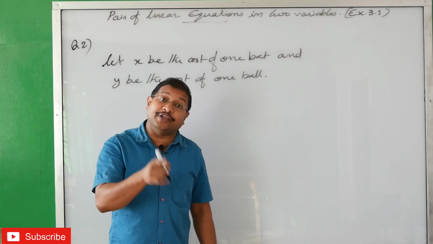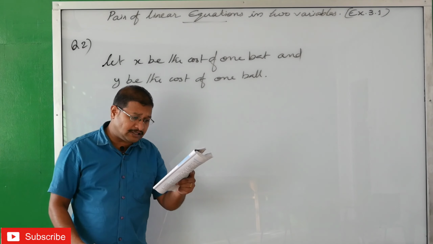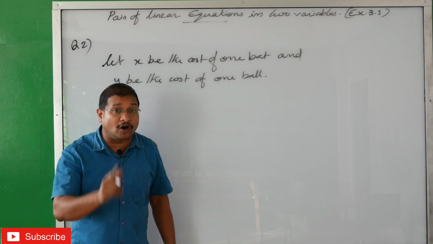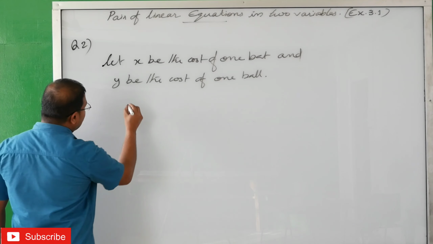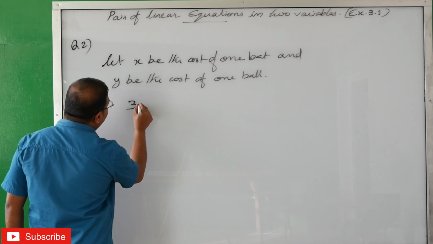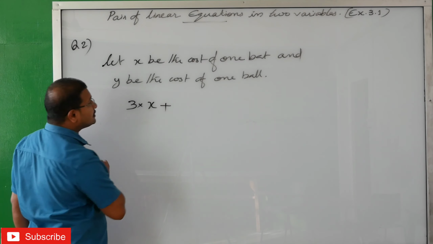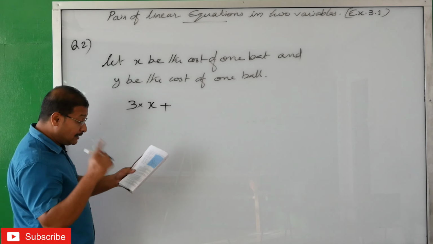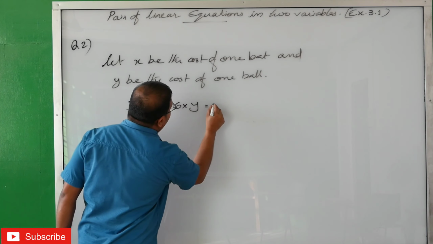The representation we are doing algebraically. So now see the question. What is the balance? 3 bats and 6 balls for rupees 3,900, isn't it? That means 3 bats, that means 3 into the cost of one bat, x, plus how many balls? 6 balls, isn't it? So 6 into y equals how much?